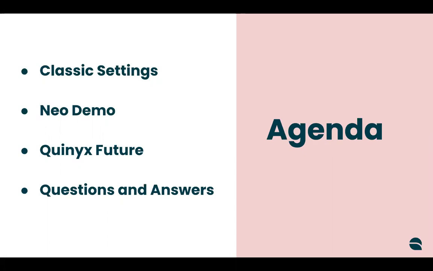That's not what Quinyx is about long term. So I hope that gives you an idea of where we're going. And if you have any questions about what I've just explained, then please add those questions to the Q&A function. And I will now move over to starting to answer the questions that have come in.